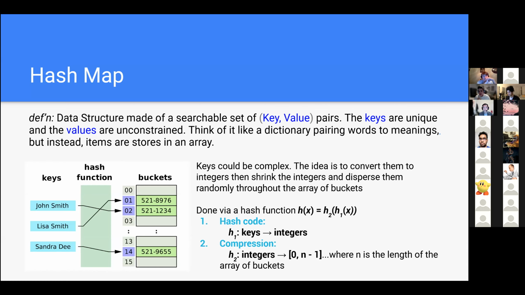Obviously there are type constraints, but that's the highest level way of explaining it. You can think of it like a dictionary, like the book. The key is the name of something, like the word hello, and the value is the actual definition of the word hello, and they're associated with each other. You have really fast lookup time if you have the key. That's it.